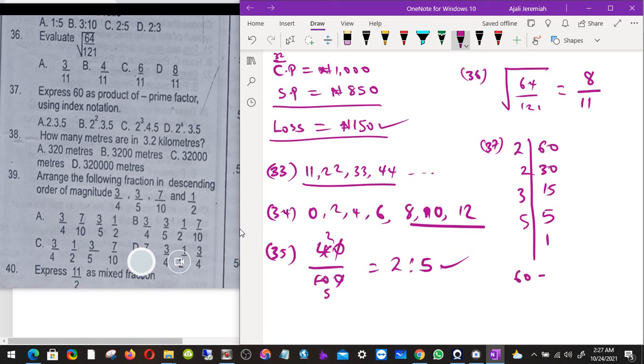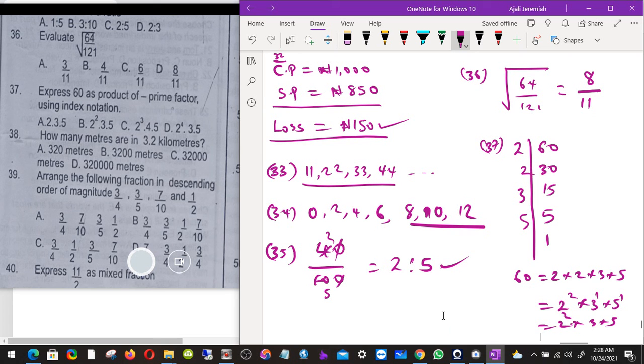So 60 is 2 times 2 times 3 times 5. And that is 2 raised to the power 2 times 3 raised to the power 1 times 5 raised to the power 1, or 2 raised to the power 2 times 3 times 5, because 3 raised to the power 1 is 3 still. And that's option B.